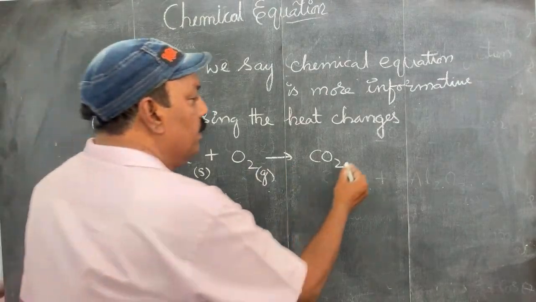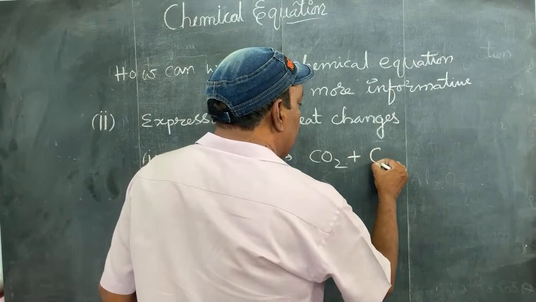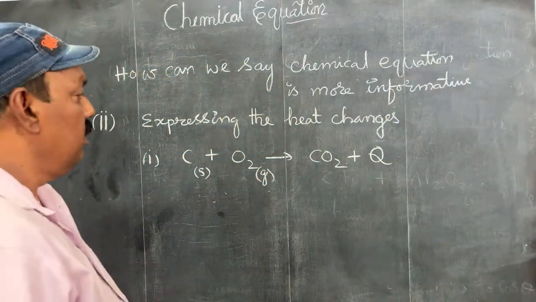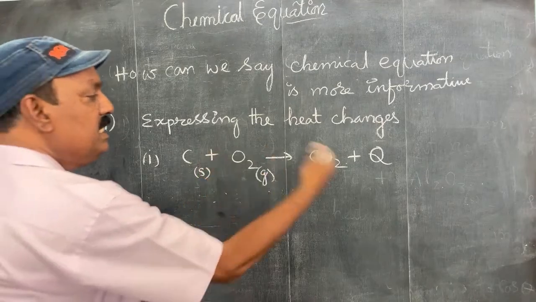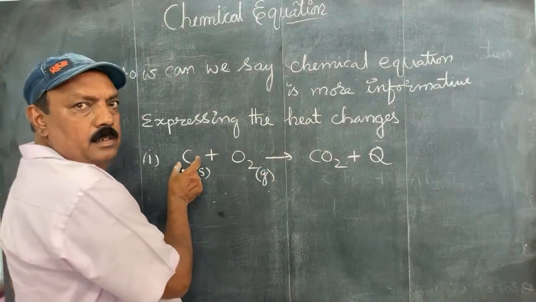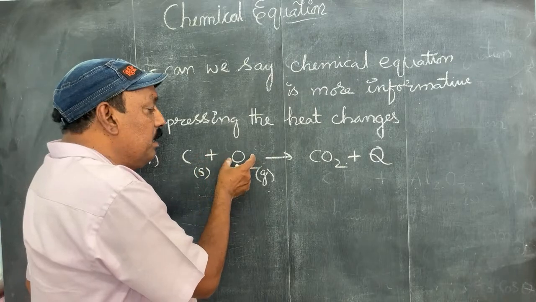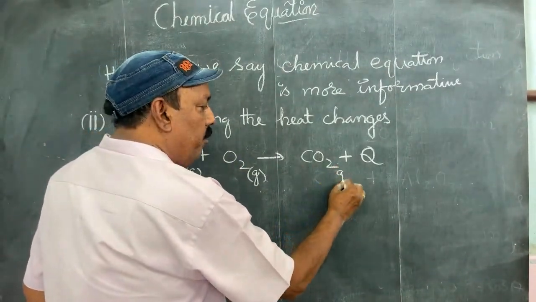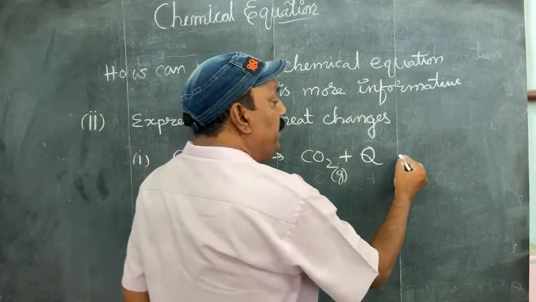Here I will keep plus Q. That means heat is released when I burn the carbon in the presence of oxygen, and carbon dioxide gas is formed along with the release of heat.